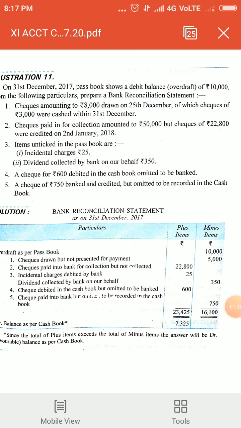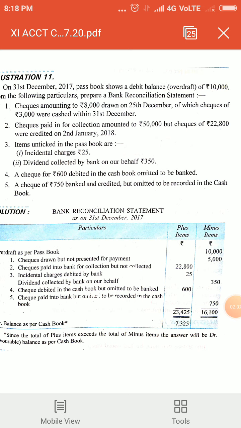So these items have to be added if you want to match the balance of passbook with the balance of cash book. So it is written in the plus column. Again, items unticked in the cash book, incidental charges, were not entered in the passbook, so these have to be added to get the cash book balance.